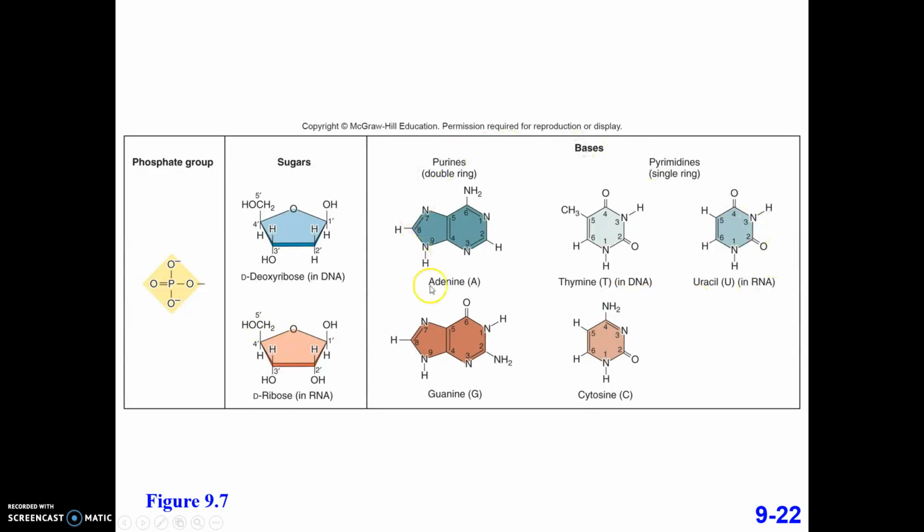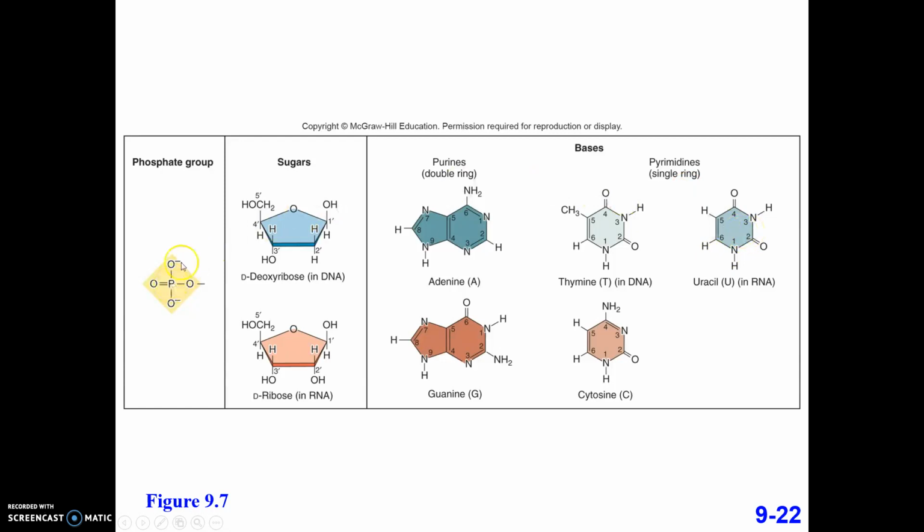Here we have all of the different bases. Again, both DNA and RNA have the A's, G's, and C's, or adenine, guanine, and cytosine. DNA has thymine, and RNA, in place of thymine, has uracil.